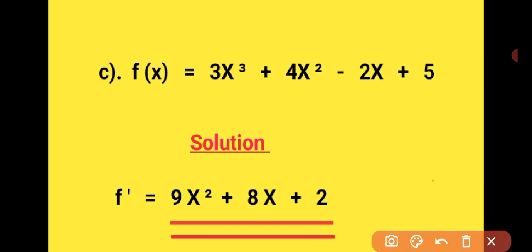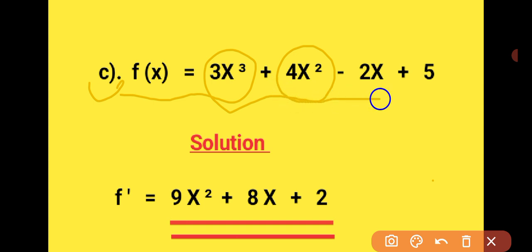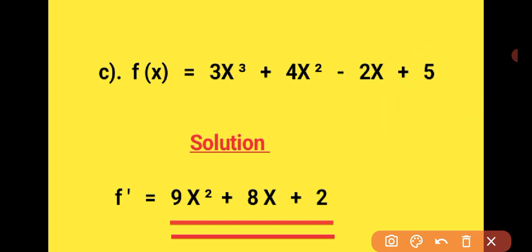So in part C, we know that part C is given as f of x, which is the same as 3x cubed plus 4x squared minus 2x plus 5. So we are differentiating it in that order.